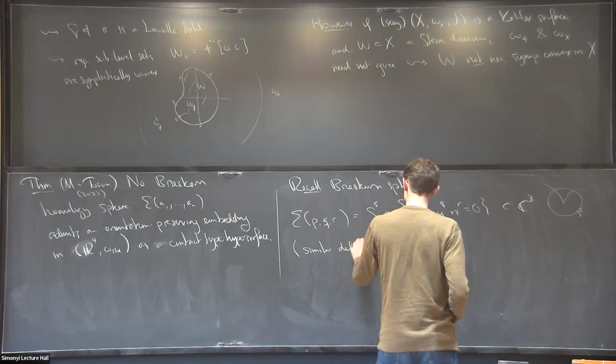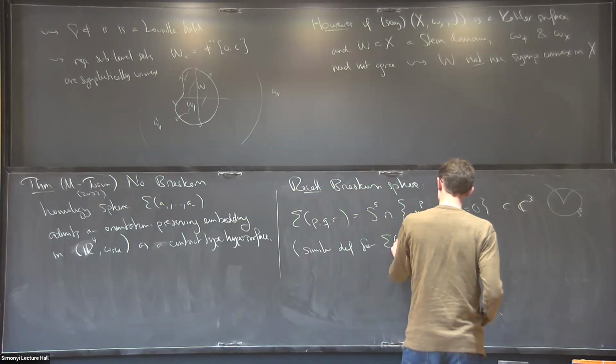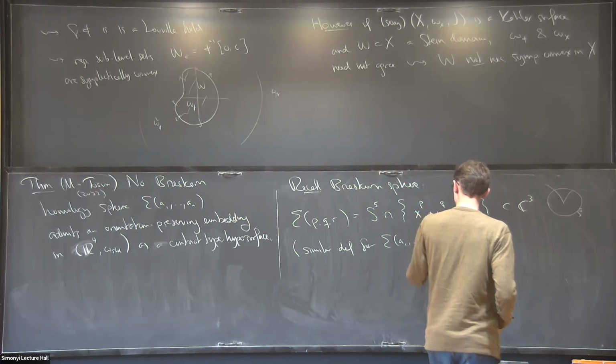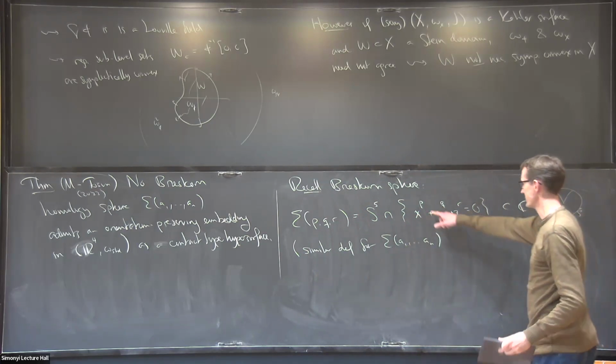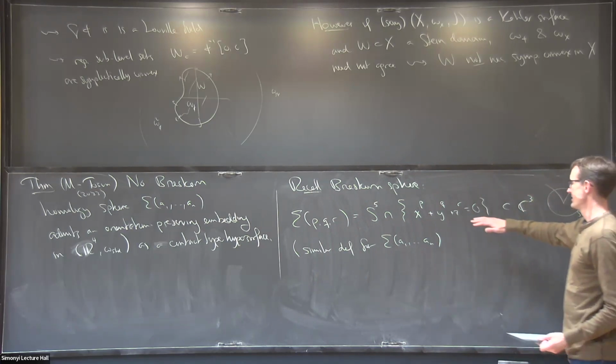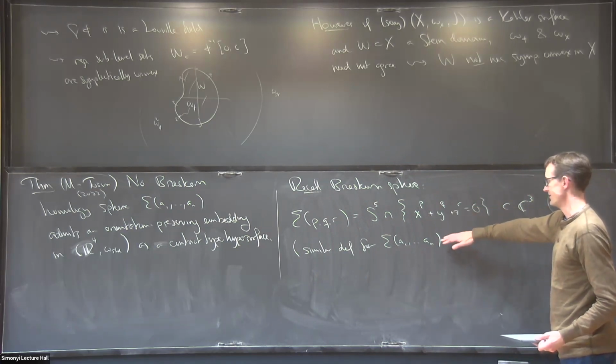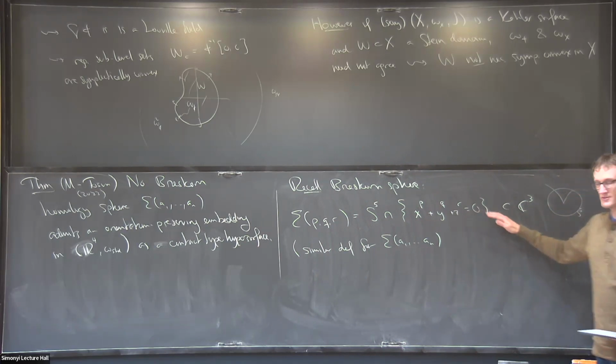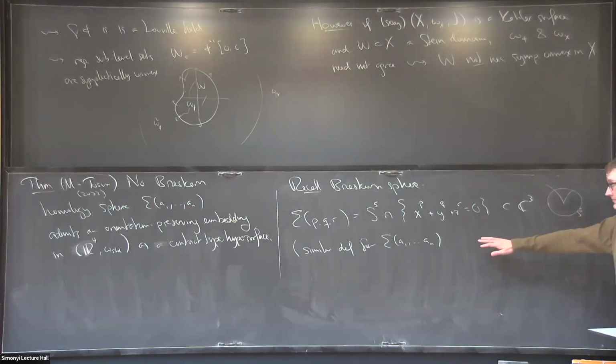There's a similar definition with more parameters. So the p, q, and r are telling you these exponents. If you have a family of exponents like this, then you end up writing a system of n-2 equations like this in C^n, and it becomes a complete intersection singularity instead of a hypersurface.